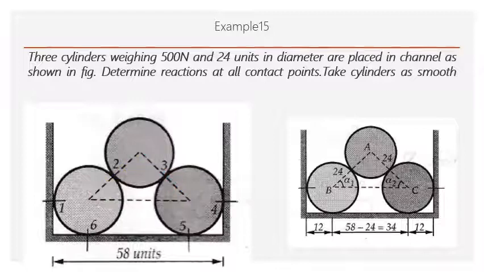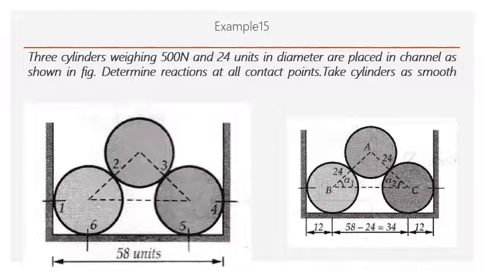So since the diameter is 24, this length will be equal to the radius, 12 units. Here also the radius would be 12 units. So the width of the channel is given as 58.